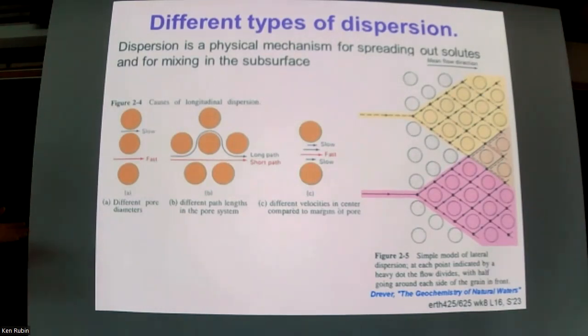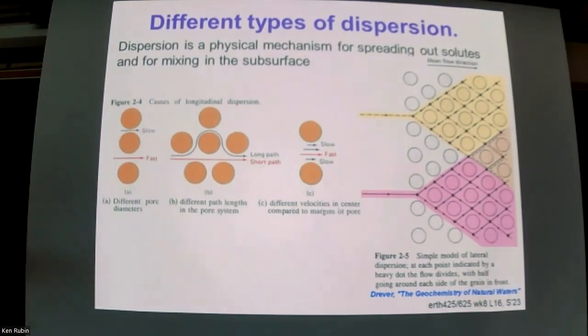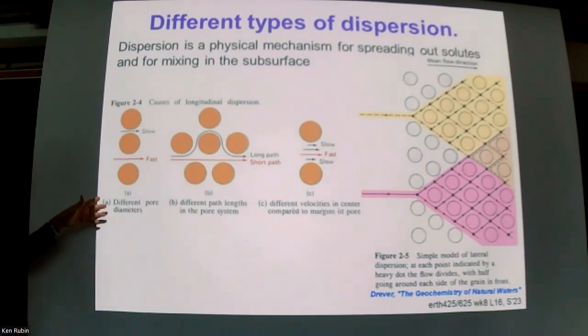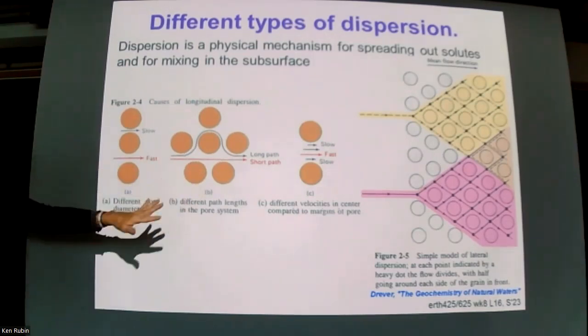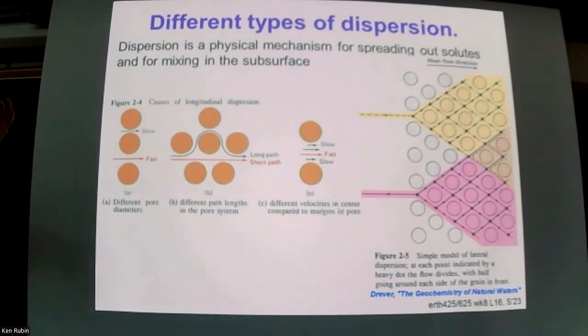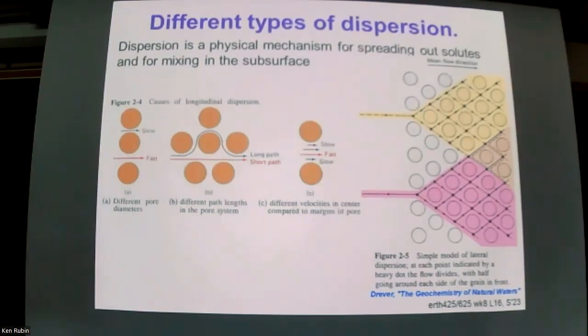So what that means is that the farther and farther you go along a flow path, the more likely it is that these in combination with each other are going to slow down some of the water and not other parts of the water, which is going to cause dispersion of the chemical solutes in the water in the time domain, right? They're going to spread out over time when they arrive at the place that we're measuring them because of these differences.